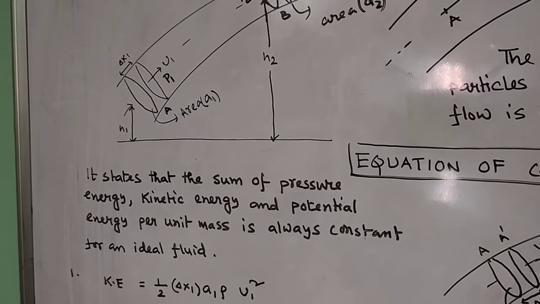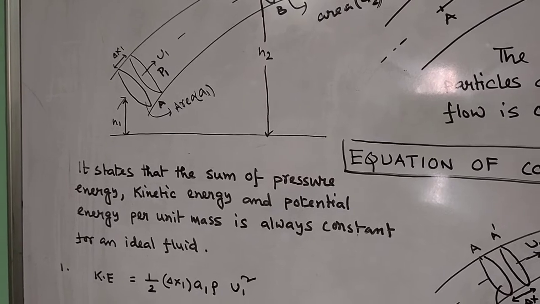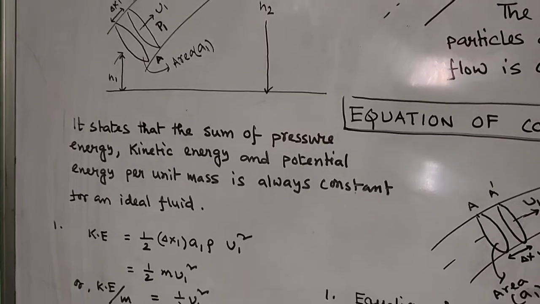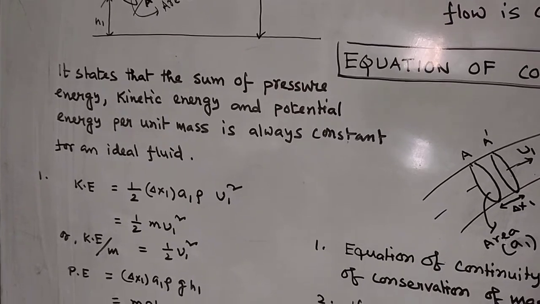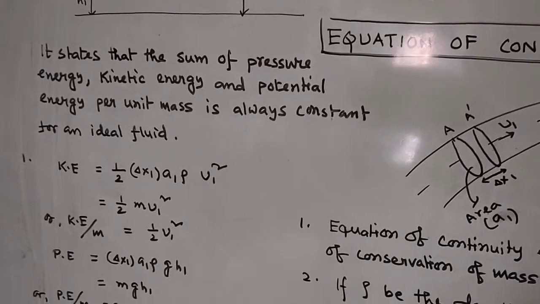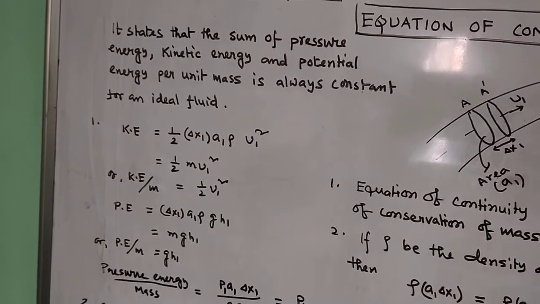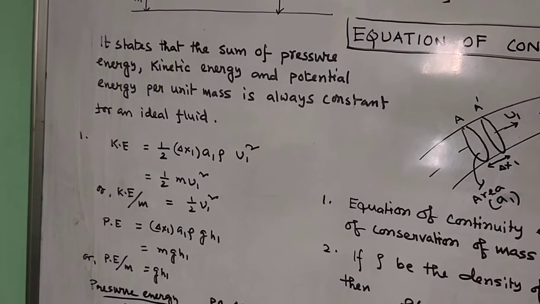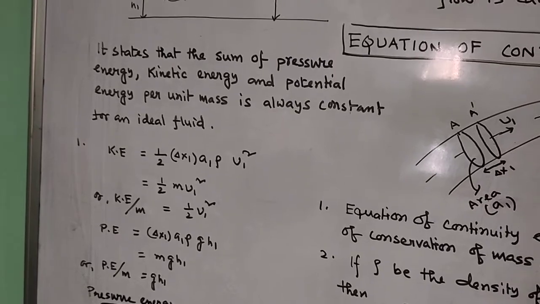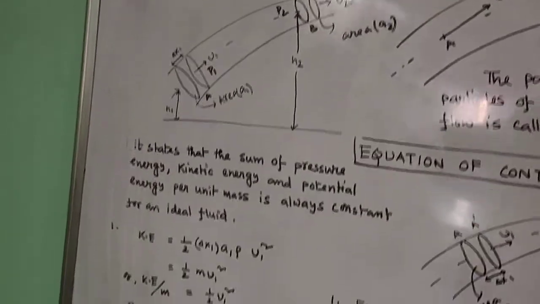The mass is delta x1 A1 rho, and the velocity is v1, so the kinetic energy per unit mass is half v1 square. Similarly for potential energy, the mass is again delta x1 A1 rho and the energy is m g h1, so the potential energy per unit mass comes out to be g h1. See the diagram and try to find the expression.